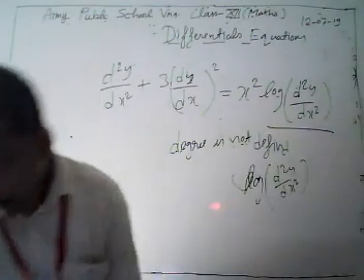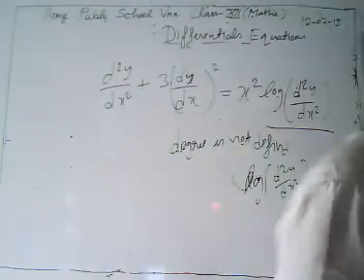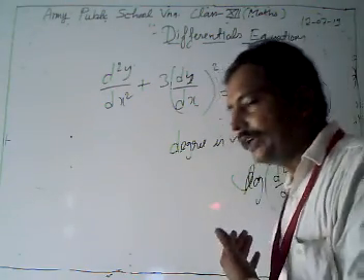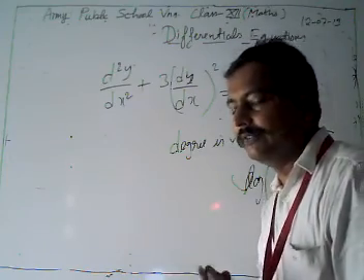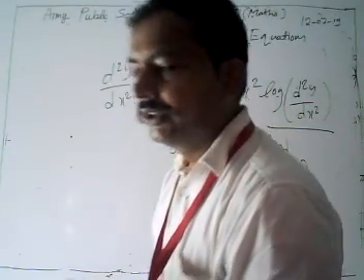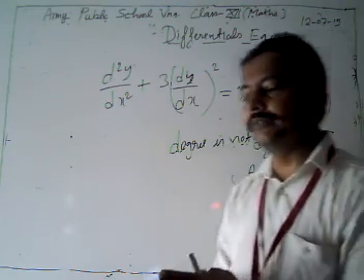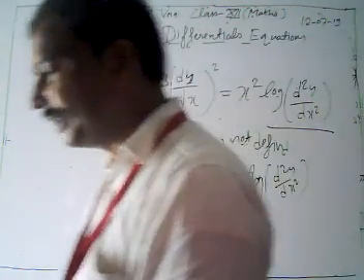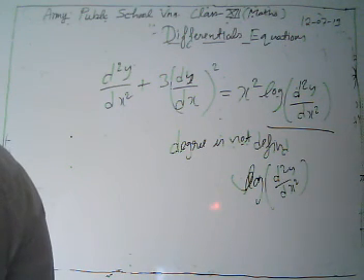That's why in such types of examples the degree is not defined. So whenever you find the degree, first you must be sure that the given equation is in the form of a polynomial. Now we have discussed order and degree.